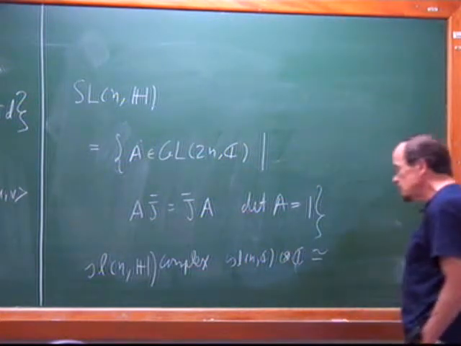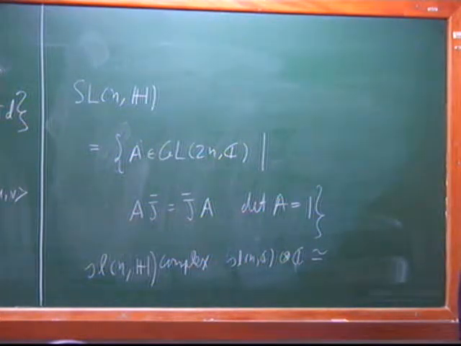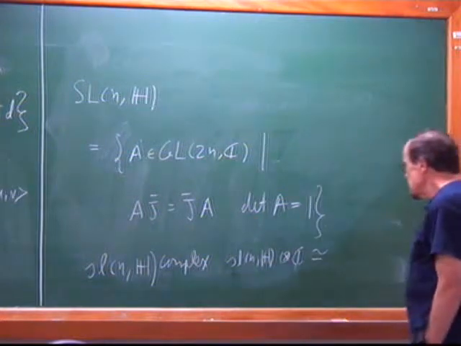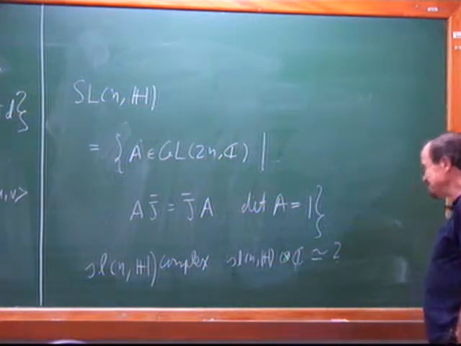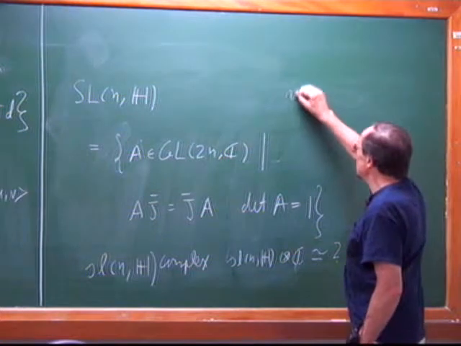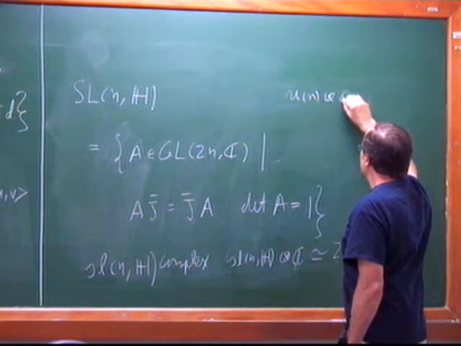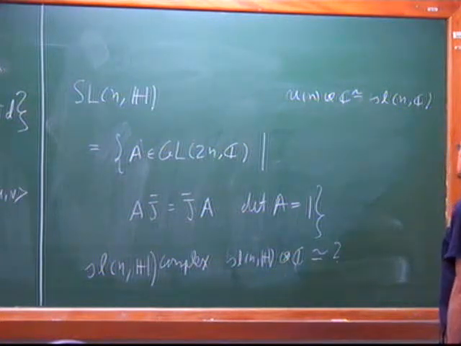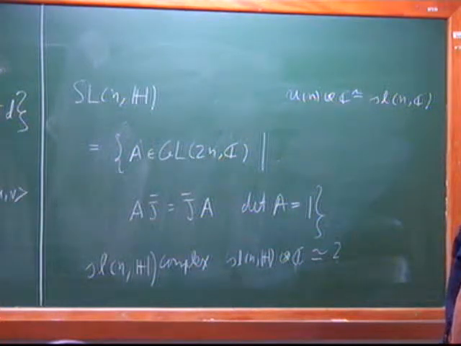And that's isomorphic to... sorry, I forget. SL2 and C probably. What was the complexification of UN? SL and C. SL2 and C?